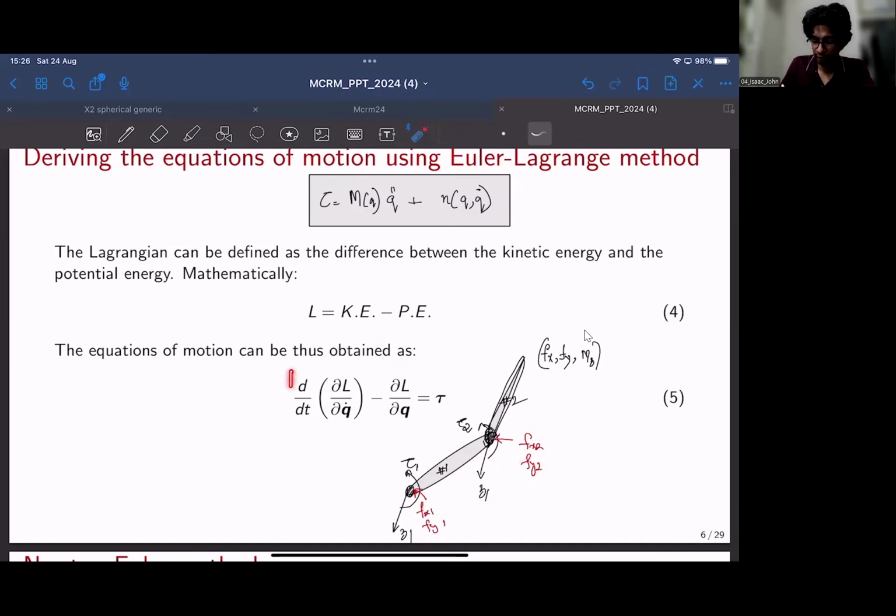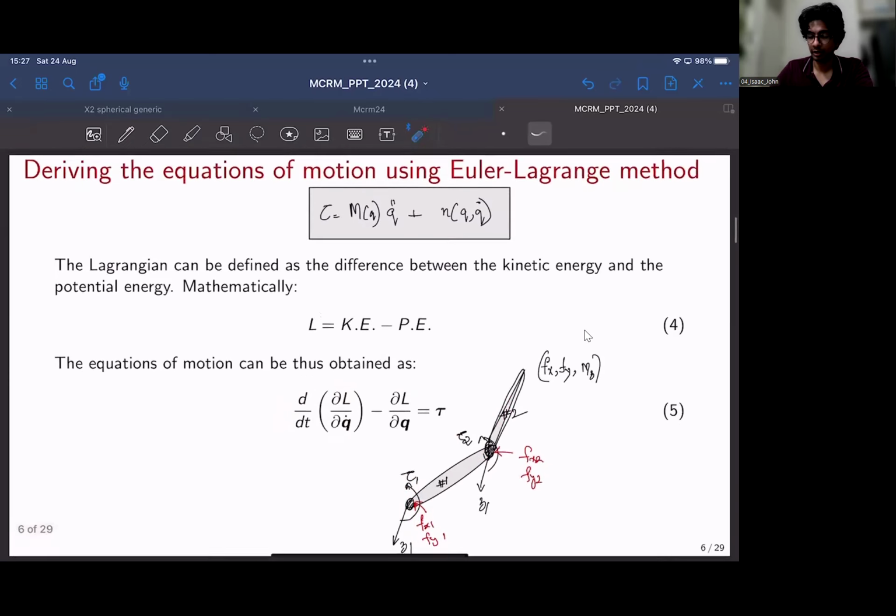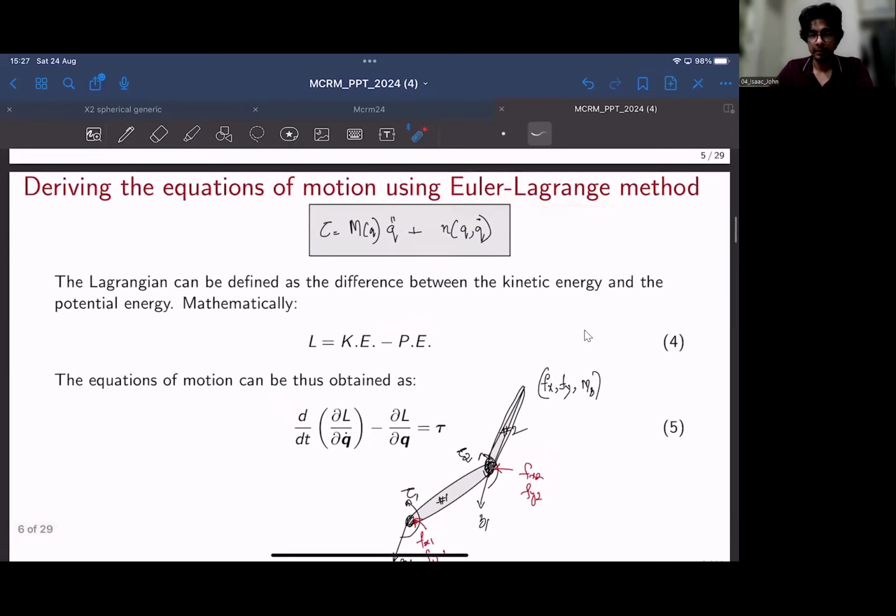So using this formulation, you won't be able to determine any of this. Or for example, if you want to find the reaction forces between these two links, this formulation will not give you that. It directly gives you the joint torques tau 1 and 2. So if that is your objective, that could be a drawback of using the Euler-Lagrange method.